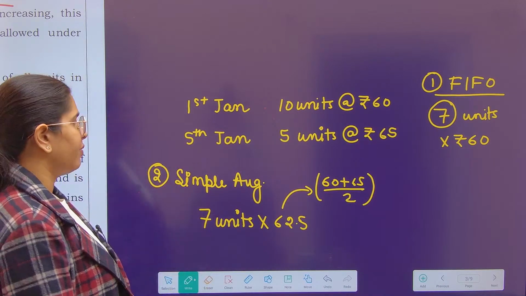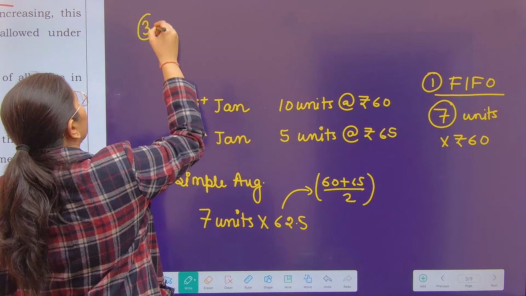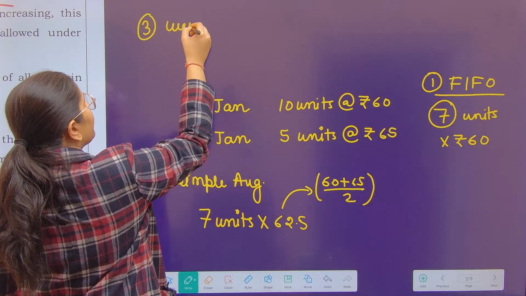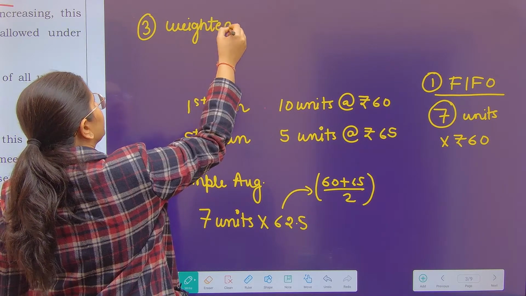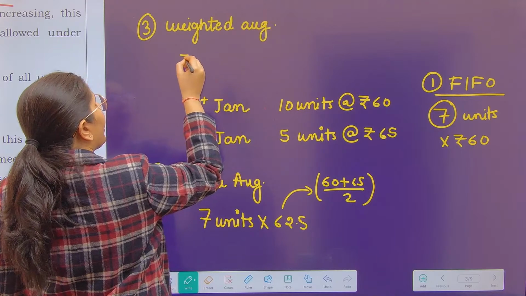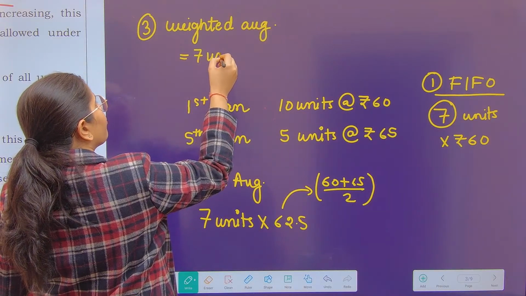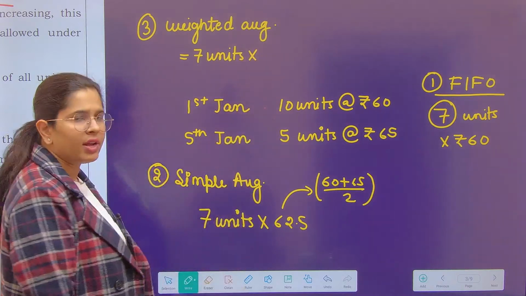Now the third method which I have is your weighted average. Weighted average says that please give weights to the quantities as well. So what will I do in weighted average? Again, I have used 7 bags of maida in my production process. I want to find out the valuation of it.